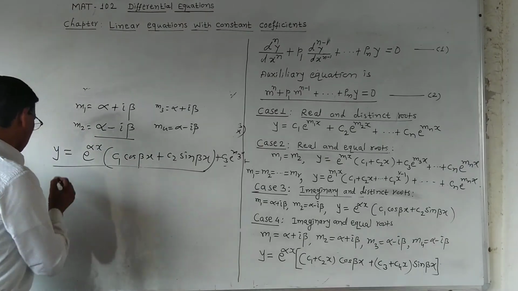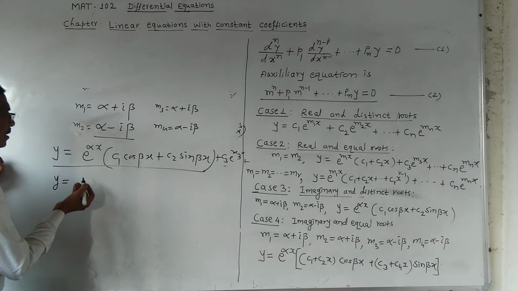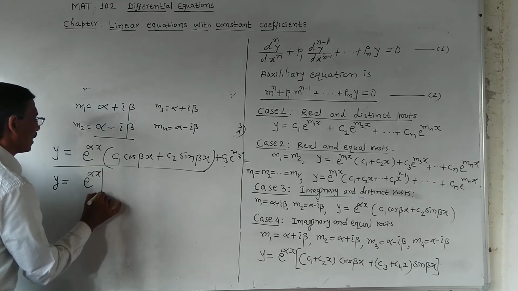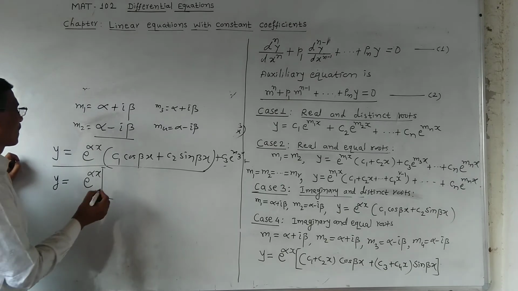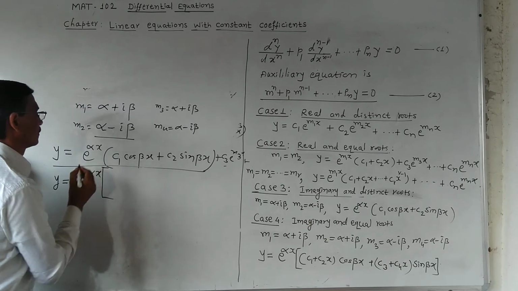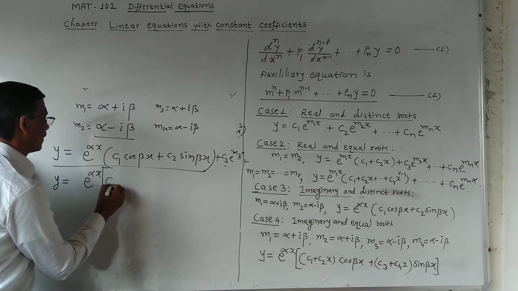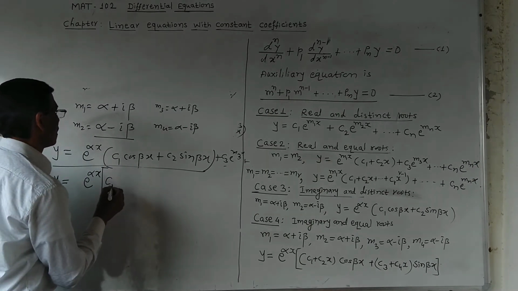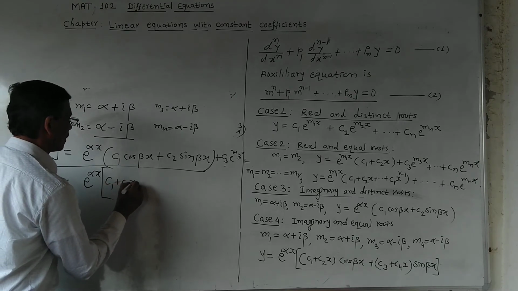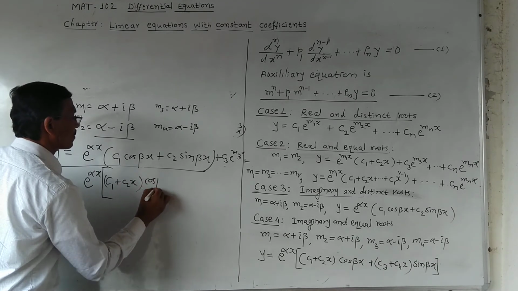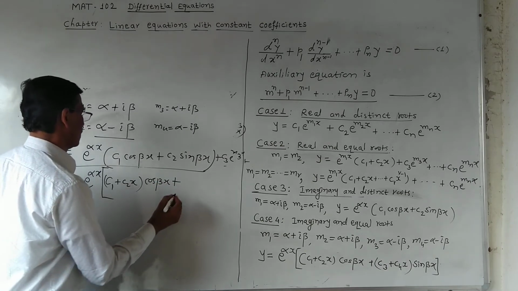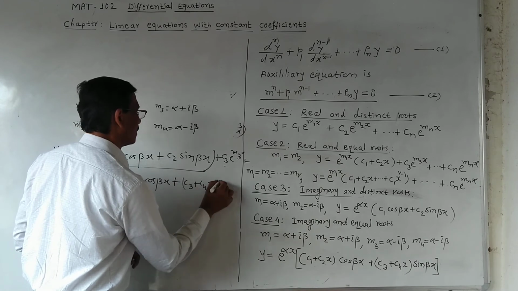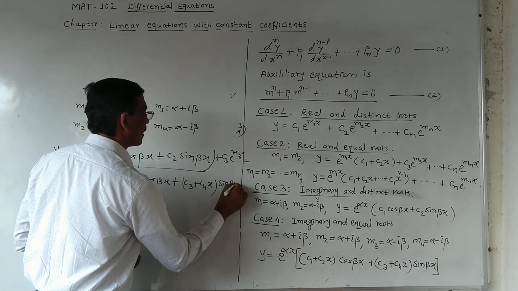Then in this case, for imaginary repeated roots, the corresponding solution is given by e raised to alpha x, then c1 plus c2x cos beta x plus c3 plus c4x sin beta x.